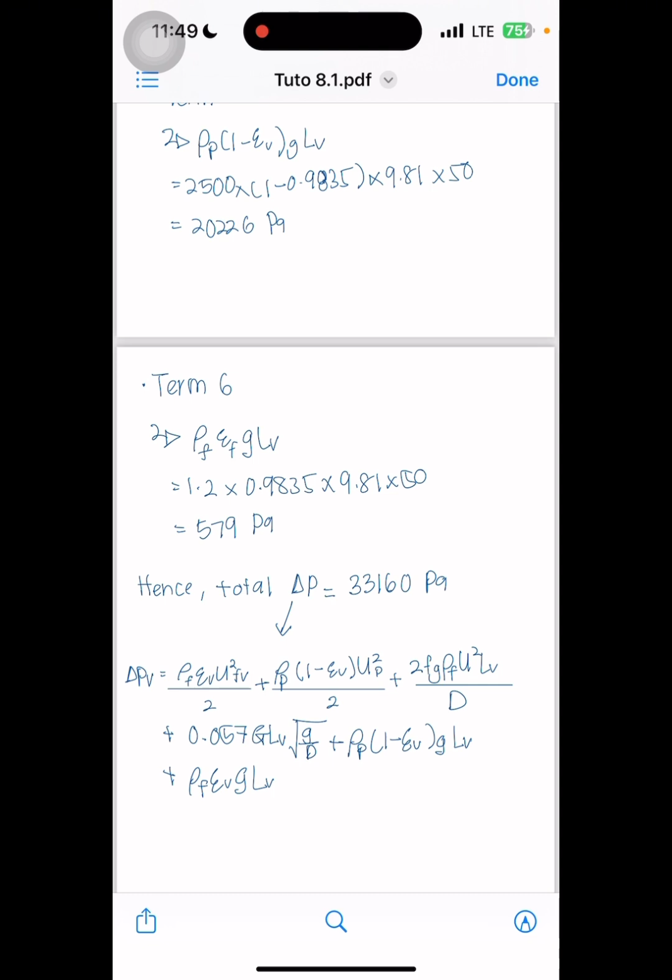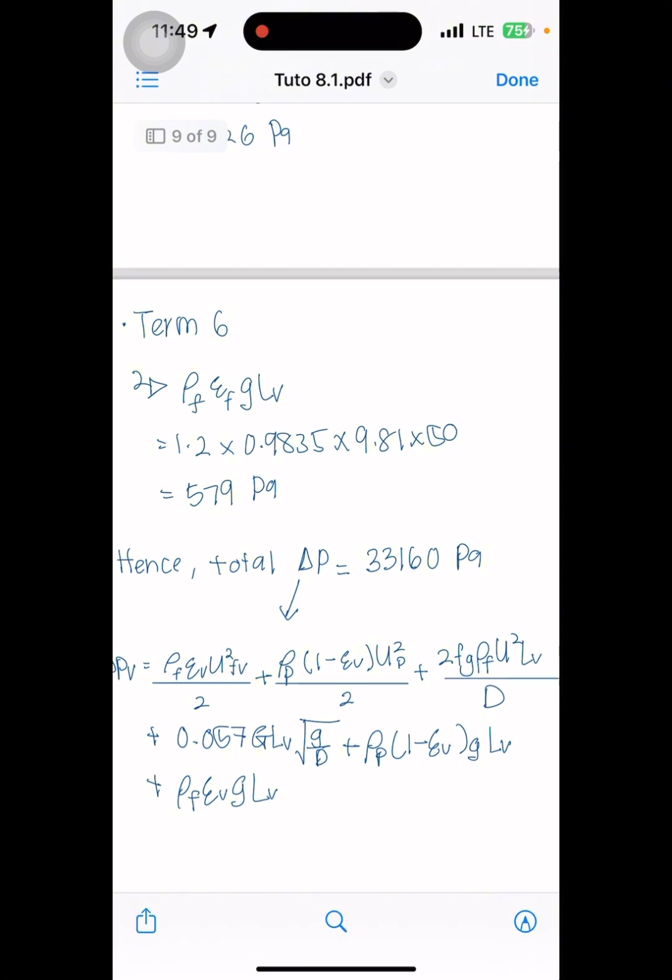Hence, the total pressure loss across the vertical section, denoted as delta PV, is equal to 33,160 Pascal. This can be obtained from the equation as shown in this slide.